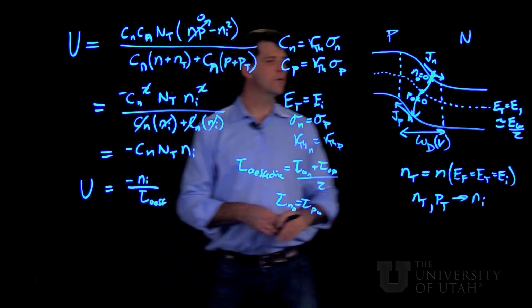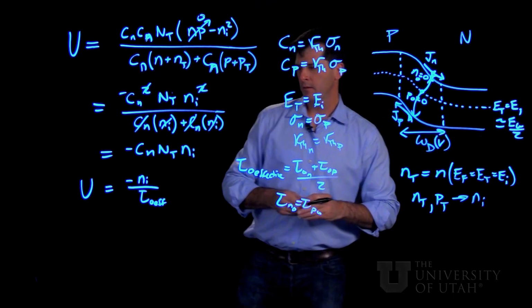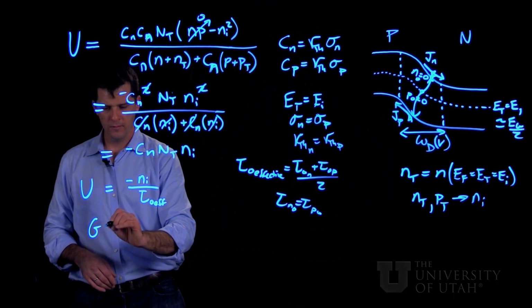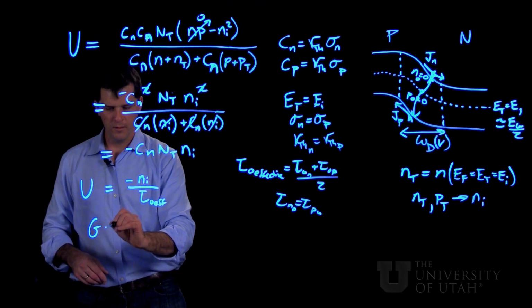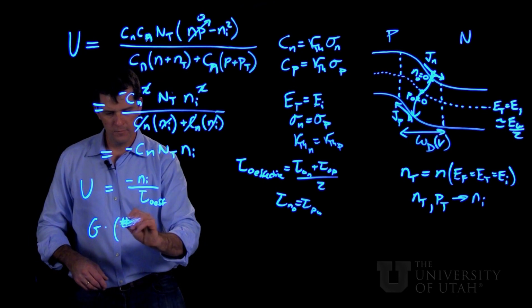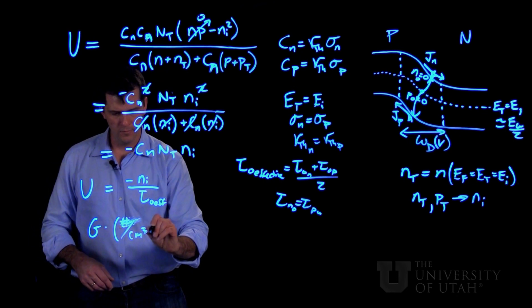So the total amount of current we can estimate because G, or U in this case, has units of number per centimeter cubed per second.